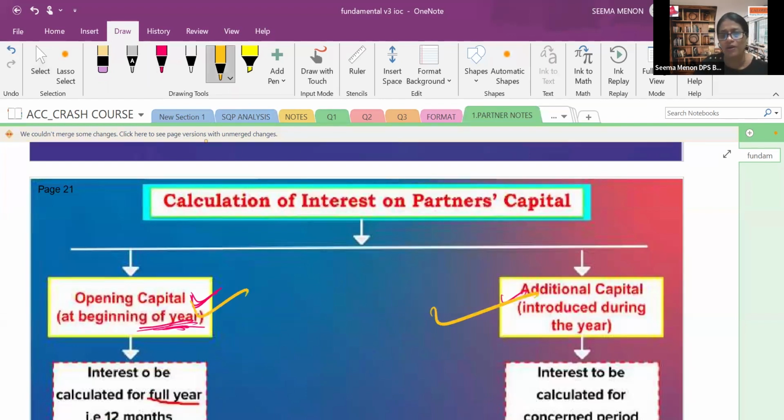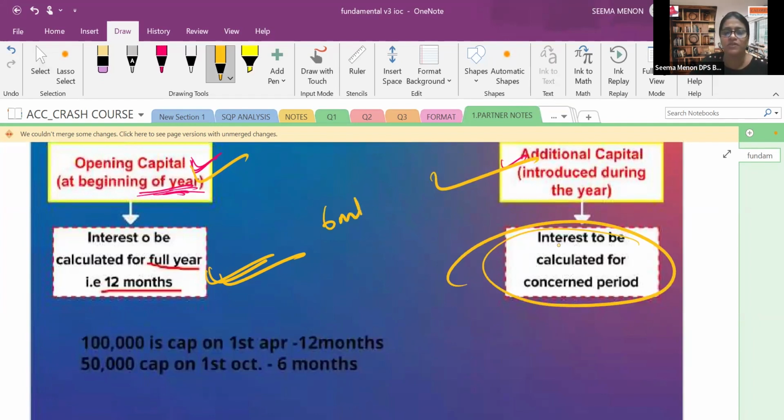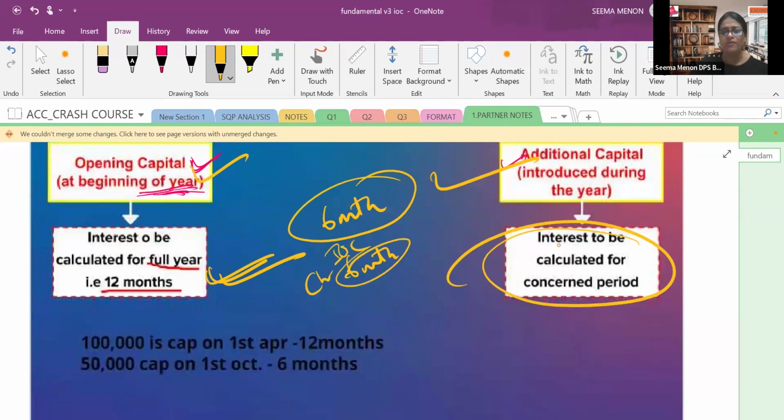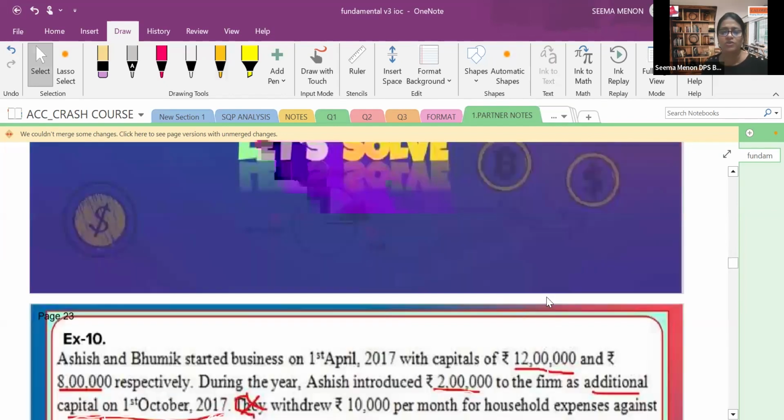So I hope you are clear with the meaning of additional capital. If opening capital is given, you will calculate interest for the whole year. But if the partner brings additional capital after 6 months, then you will charge interest on capital for only the remaining 6 months. We will be solving questions on that also.